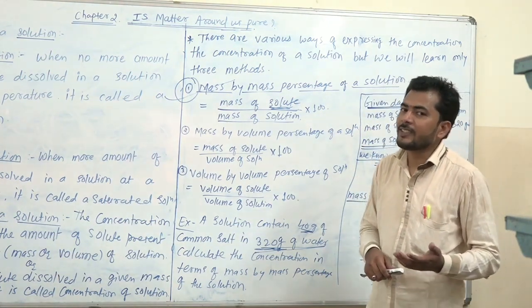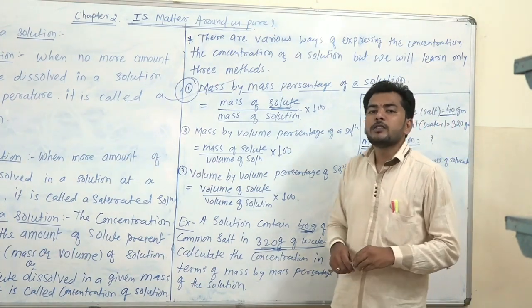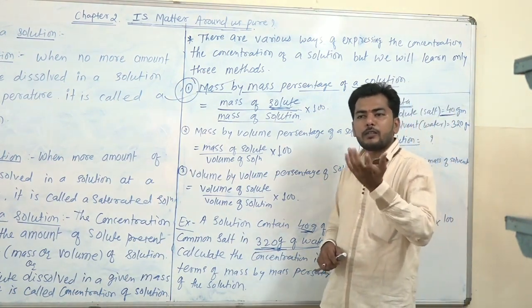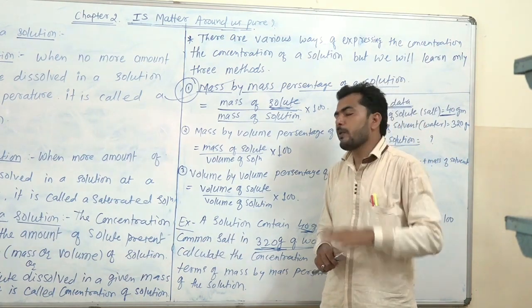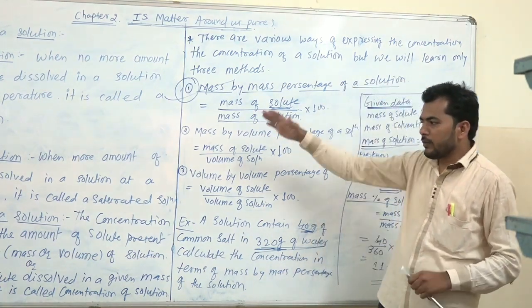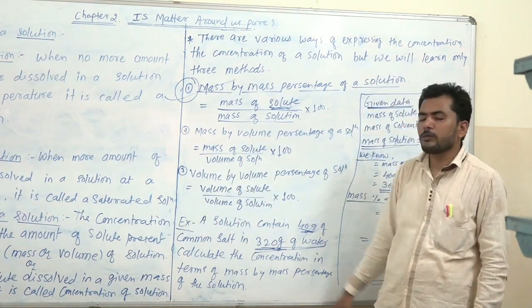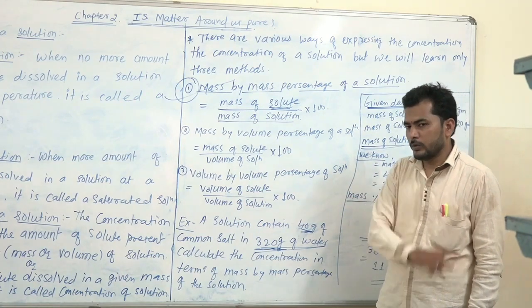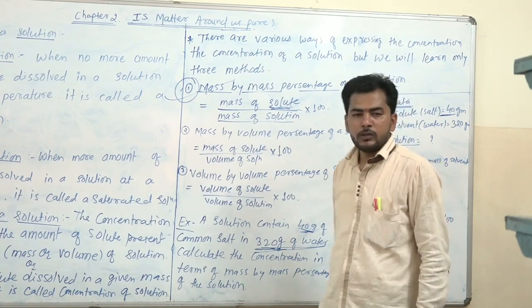Supersaturated solution means we heat and again add the solute in that solution, and a stage will occur where the solution will not be able to dissolve solute in it, and this is called supersaturated solution. After that we saw concentration of the solution. The concentration of the solution is the amount of solute present in a given amount of solution.